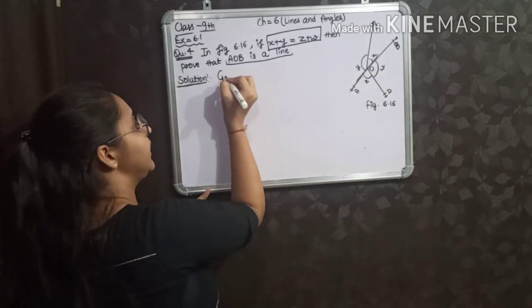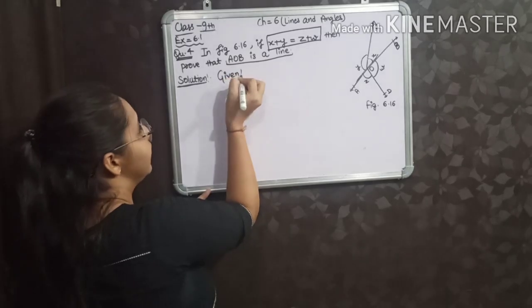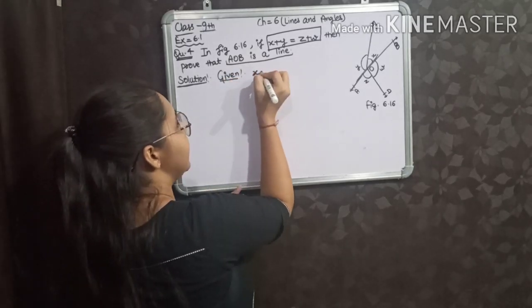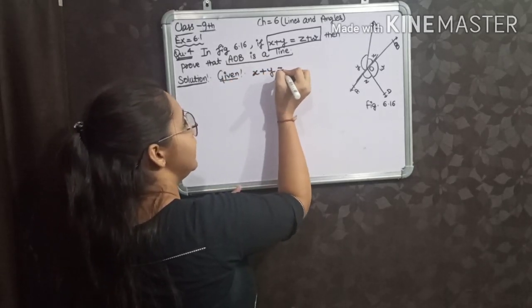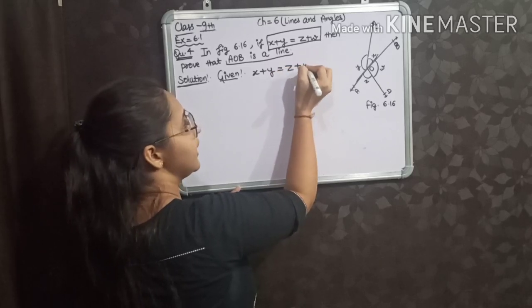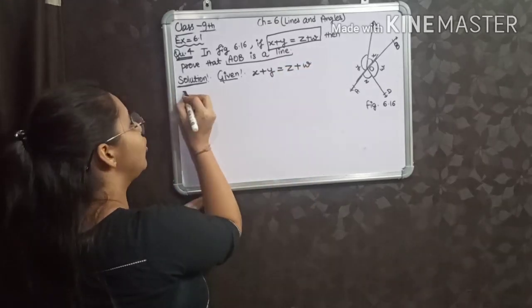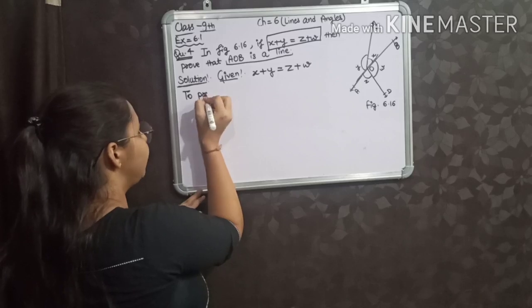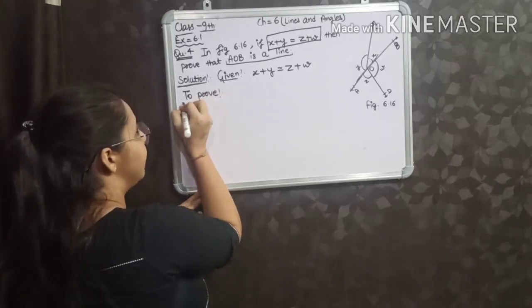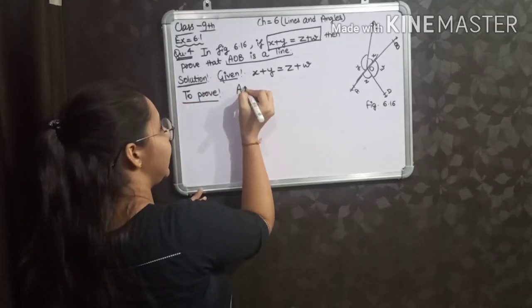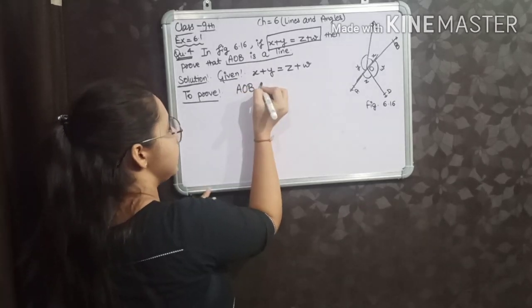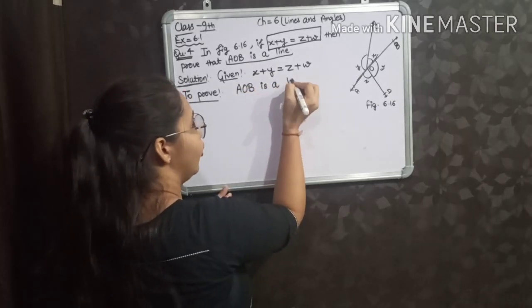First of all, we write given. What is given? Given is angle x plus angle y is equal to angle z plus angle w. Now what do we have to prove? We have to prove AOB is a line.